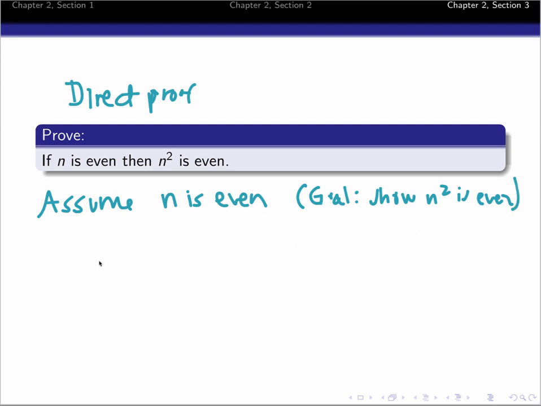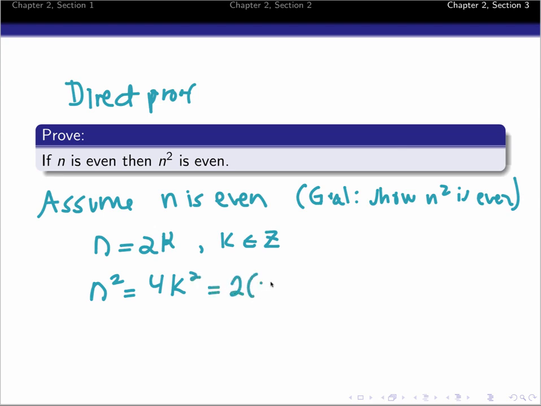So if I assume that n is even, that means that n can be written as 2 times some integer k. And then I can just square both sides. So I get n squared equals 4k squared, which I can factor 2 out of. So I can rewrite that as 2 times 2k squared.